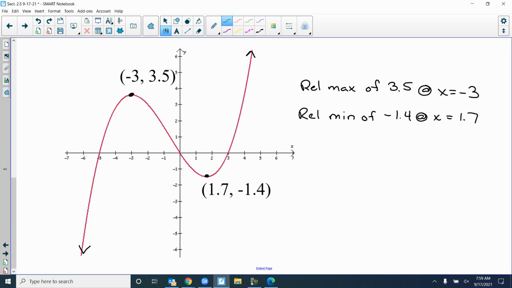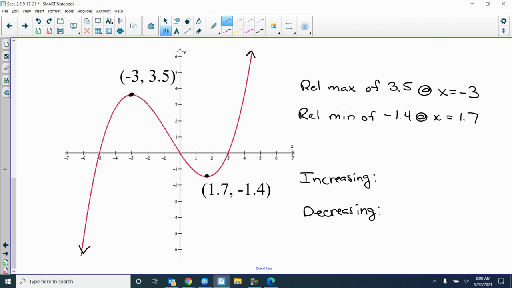All right, look at that graph. Where's it increasing? Where's it decreasing? Okay, where's that graph increasing? Where's that graph decreasing? Okay, so just think through that for a second. All right, what do you think for increasing?